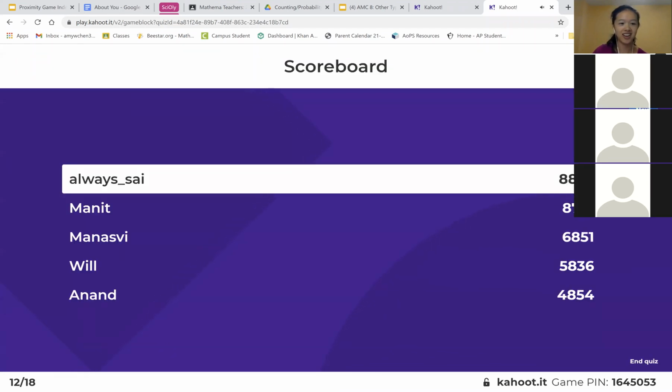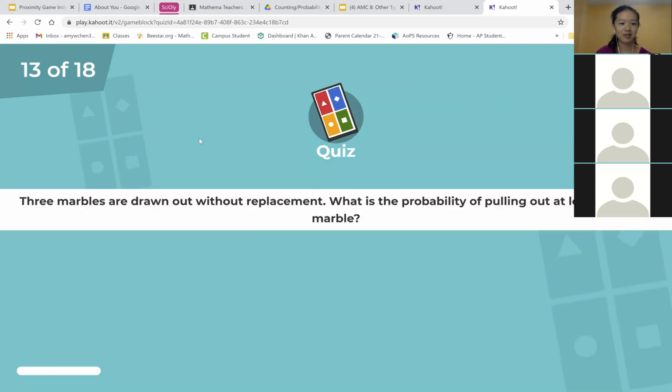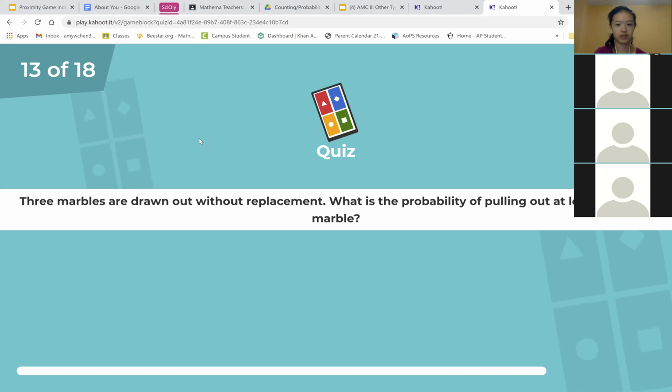Oh wow, honestly. Okay, 3 marbles drawn out with replacement, probability of pulling out at least 1 blue marble. This one you have more time.